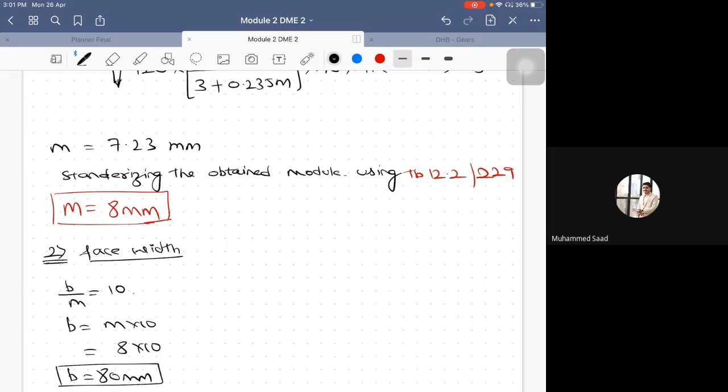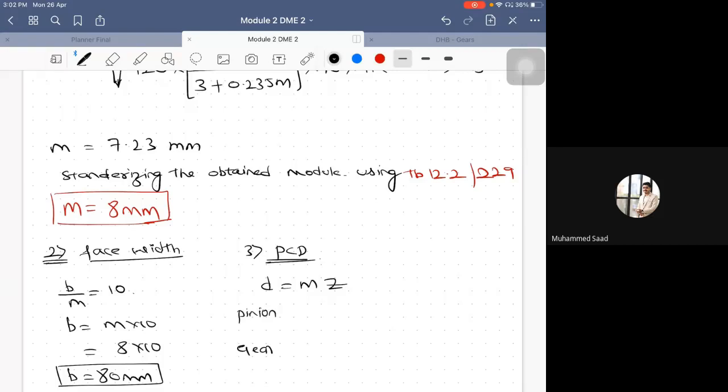So next, the third one. What is the third one he has asked? PCD. So for PCD, you go to the data handbook. At the start of the page itself, you can find d equals m cross z. Now calculate for the pinion and for the gear separately.